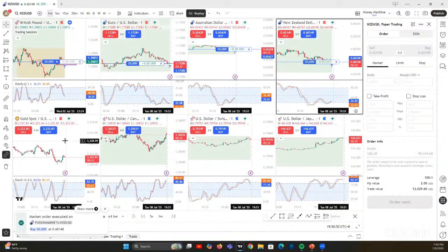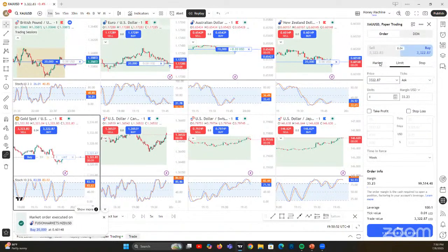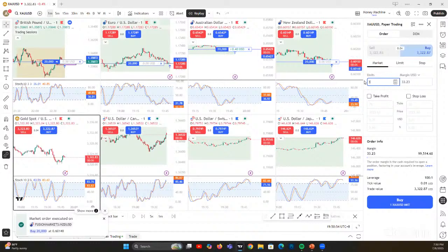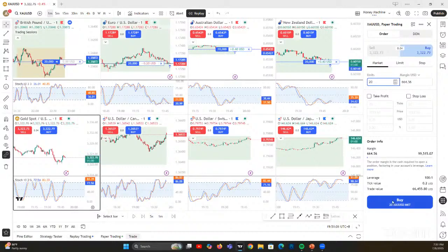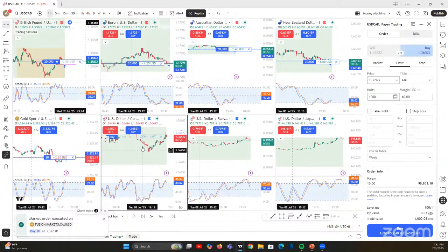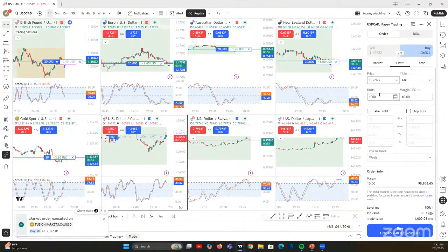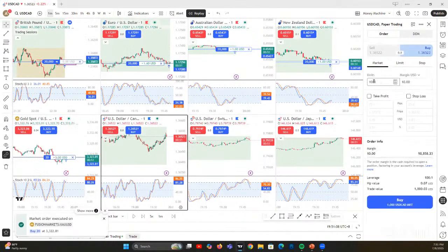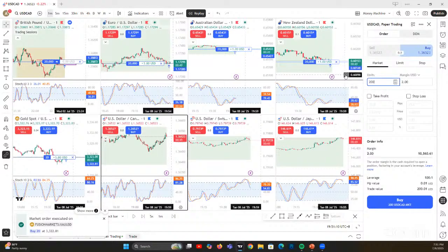Buy. Okay, for gold is a different matter. For gold, I have to input 20 for a 0.20 lot size. Now we will buy also for gold because gold is team A. USD CAD market execution 20,000.